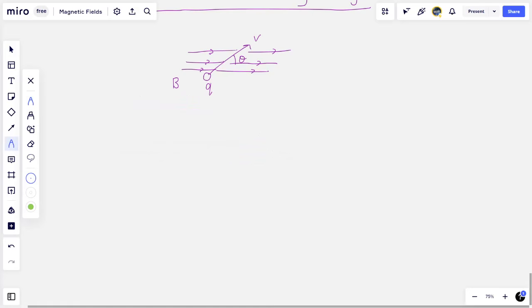And what happens is the force on this charged particle, and we aren't going to derive it, but it should be in your textbook and you should know how, F is BQv sine theta. And this gives us the magnitude of the force that a charged particle feels when it moves through a magnetic field.